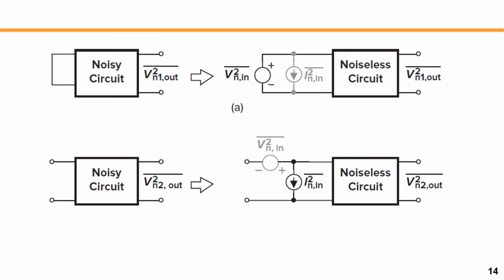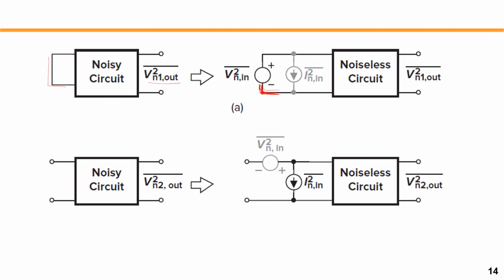Okay. So in this case, we will see how the noise voltage and noise current behave. For example, for the noisy circuit, if we tie the input to 0, then we will see the output. For the equivalent circuit, let's say we tie the input, with the noise voltage tied to ground here, right?